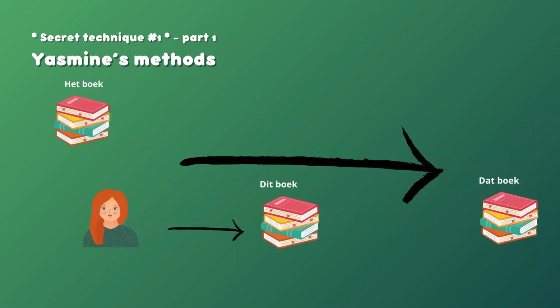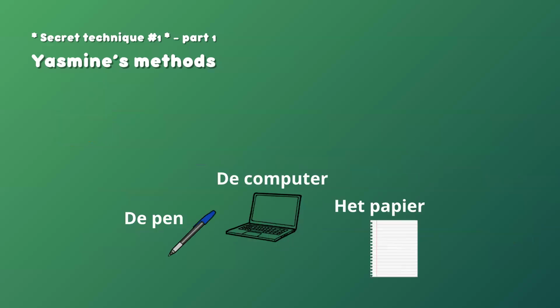And with het words, it's gonna be dit boek and dat boek. So now I want you to try it for yourself. If you, for example, take a pen, the computer you're using, or for example, a paper, het papier, how are you gonna say, for example, if the pen is close to you? For example, if you say, I see this pen.